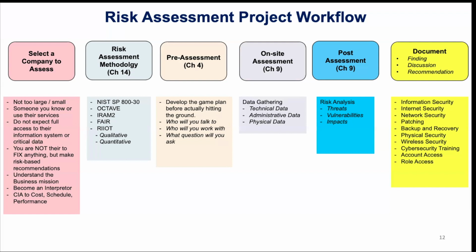So that is how you walk through the process, over the course of the next 7 weeks, performing this risk assessment on this company. And here again, we're not fixing anything. We're just saying, "Hey, we found a weakness."